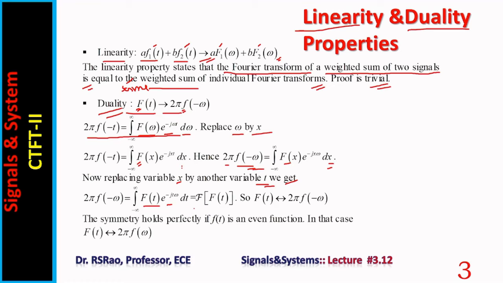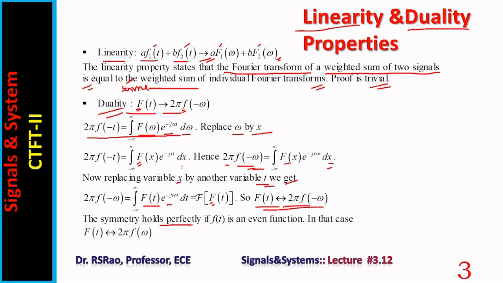Of course, it can be noticed it is the Fourier transform of capital F of t. Therefore, F of t and 2 pi f of minus omega, these two are a transform pair.